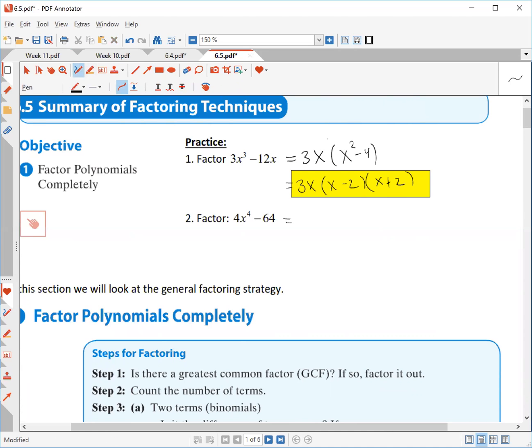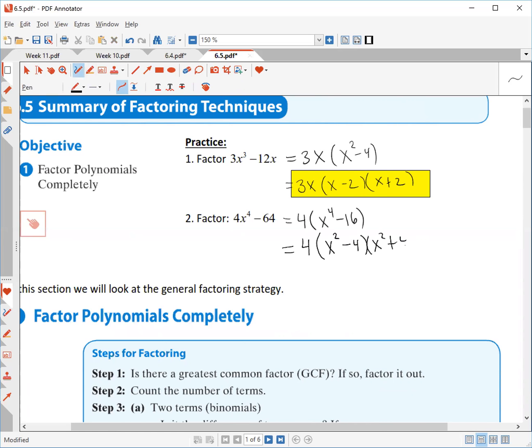Likewise, practice 2, we factor out a 4 from those two terms, and it leaves us with x to the 4th minus 16. Now that's a difference of squares. The two terms are x squared and 4.